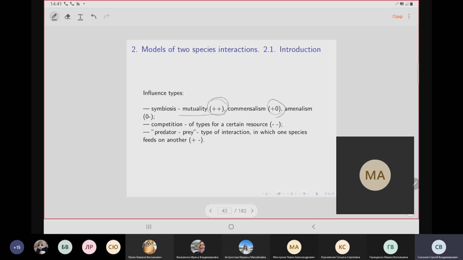Let's suppose that there is a company that has some unused metal, and there is another company who carries this metal and earns money from it. The first doesn't have any benefits, and the second earns some money from it. So there can be some type of this interaction.